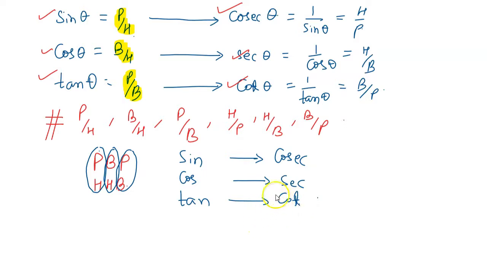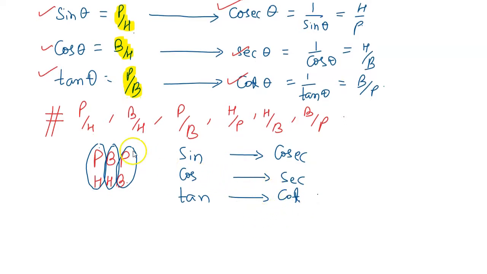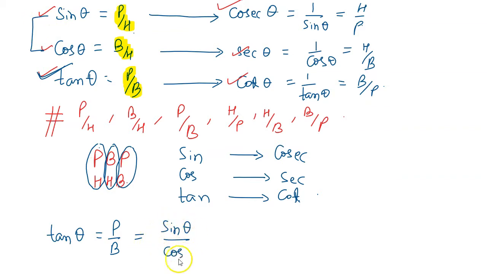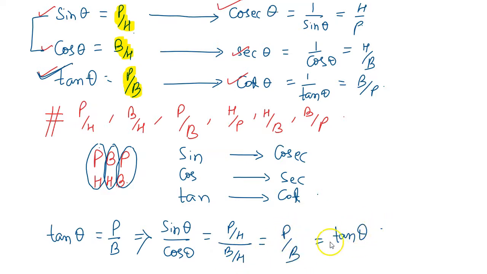Some important points to note here: if you observe, tan theta is P by B, right? Now how can I get P by B using sine and cos? If we divide sine theta by cos theta, you can see this is P by H over B by H, and that is P by B. So basically this is tan theta, right?